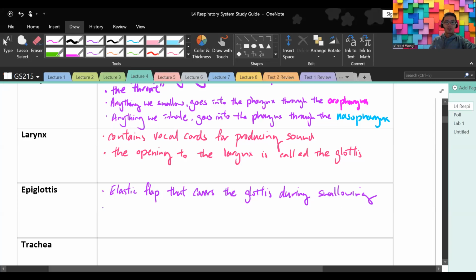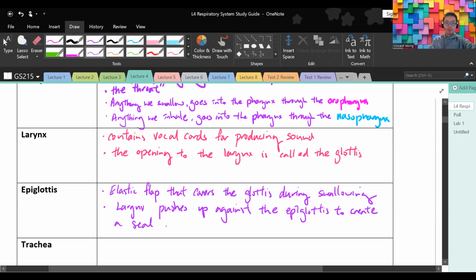So that's basically your larynx pushing up. So the larynx pushes up against the epiglottis to create a seal when we swallow.